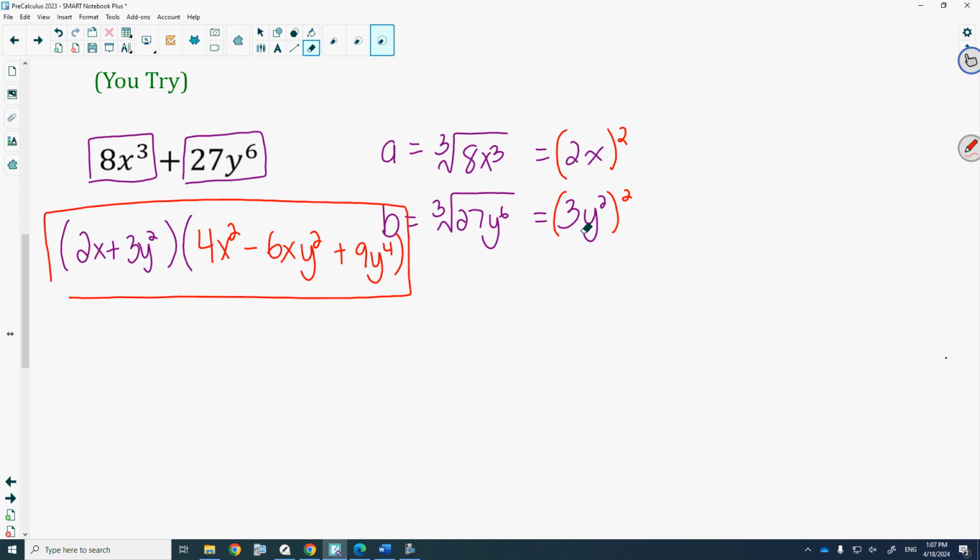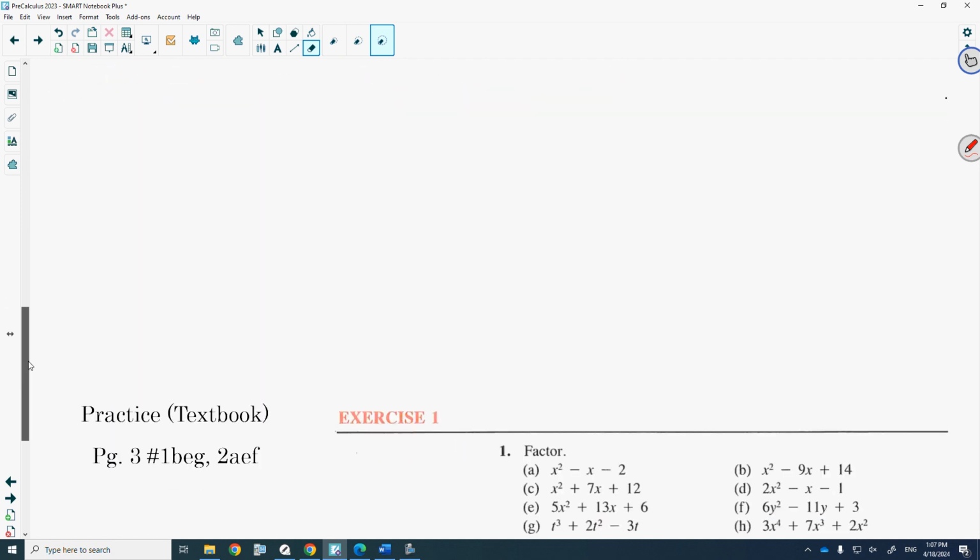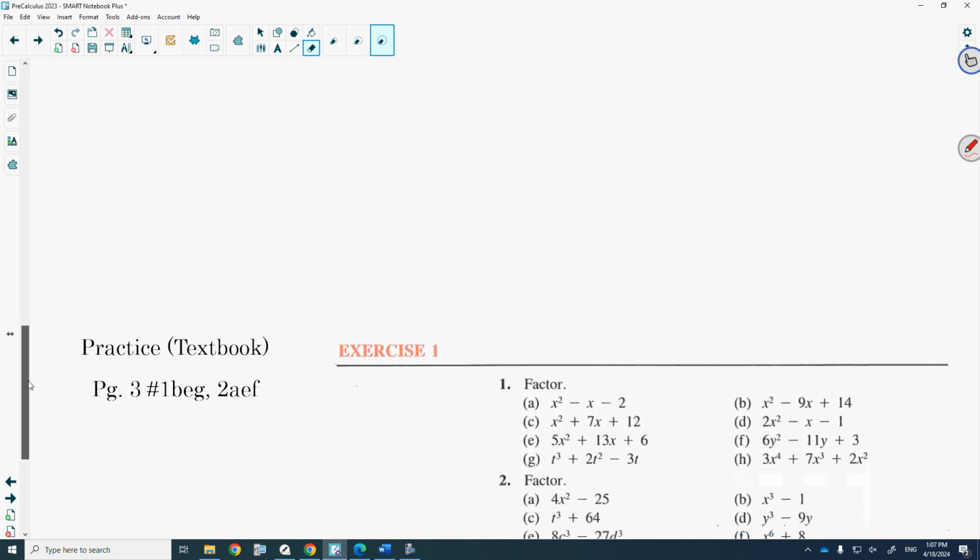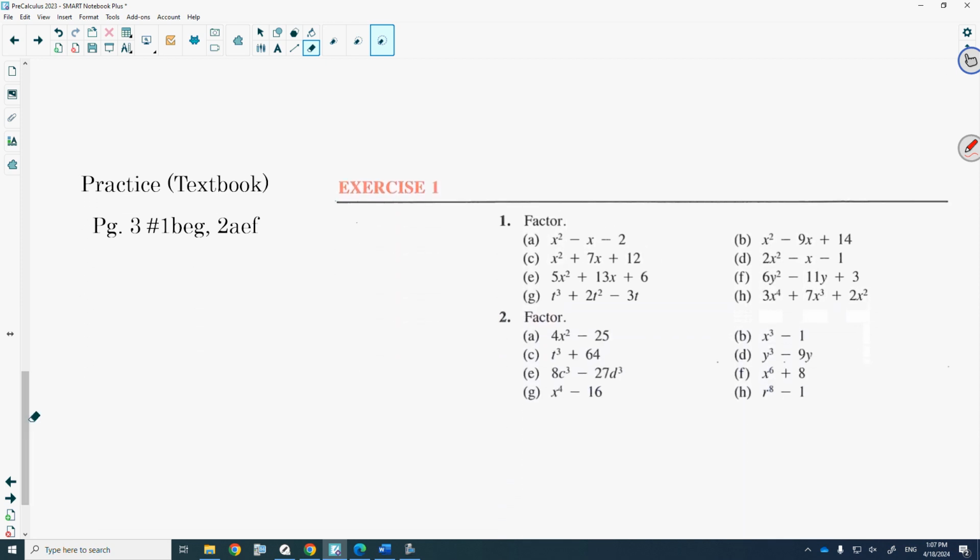What I would do is there's going to be a second part to this lesson, but before you do it, you should do the homework. You're going to have these 6 questions in the textbook. Now, a lot of you, if you're doing this at home, won't have your textbook. So this is page 3 from the textbook, and you want to do 1B, E, and G. 1B is an inspection question, 1E is a decomposition question, and 1G is going to be a GCF and then an inspection.